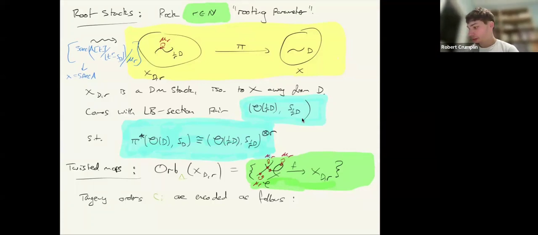So these red points are all sent to the divisor, to this new stacky divisor in the root stack. There's a bunch of conditions to properly say what the space is, but think of it as curves with some marked points, and they have finite roots of unity, and they map to this new target, which also is decorated, or some of the points are decorated with roots of unity.